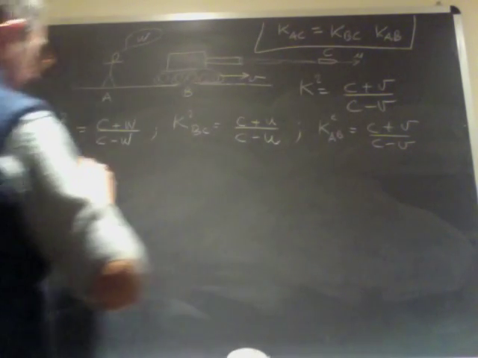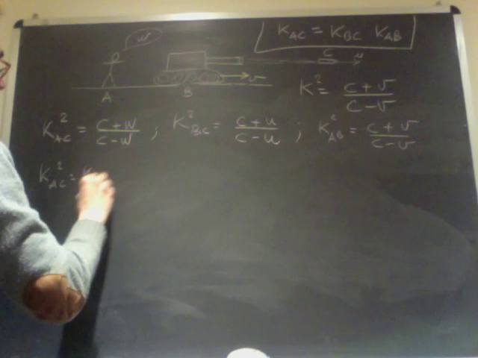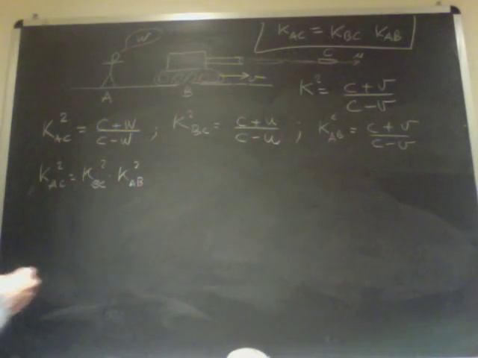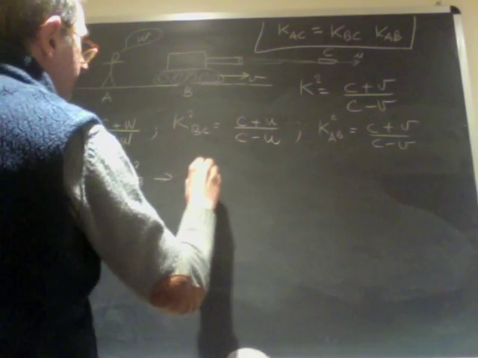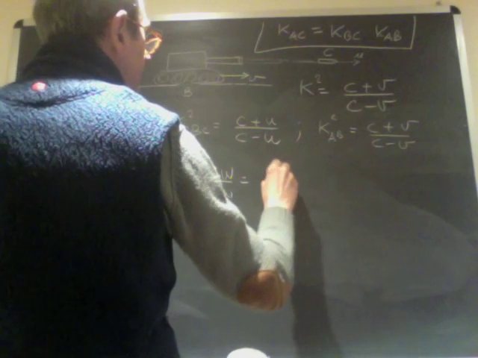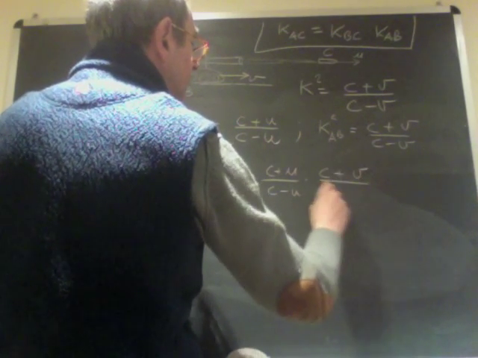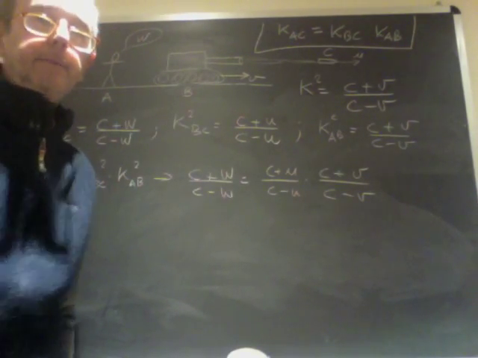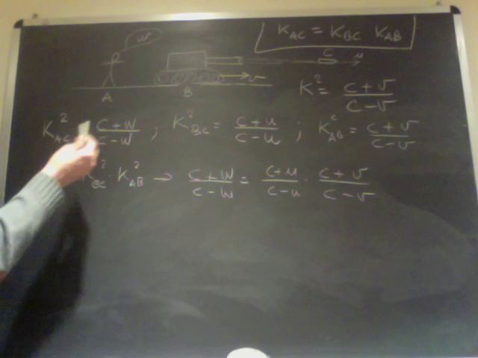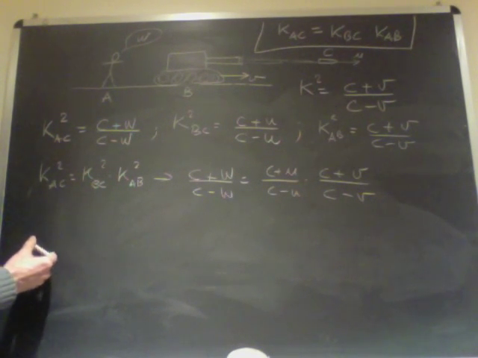And so I can write this equation in this way. K_AC squared is equal to K_BC squared times K_AB squared, squaring all the terms, from which we have that C plus W over C minus W is equal to C plus U over C minus U times C plus V over C minus V. Good.